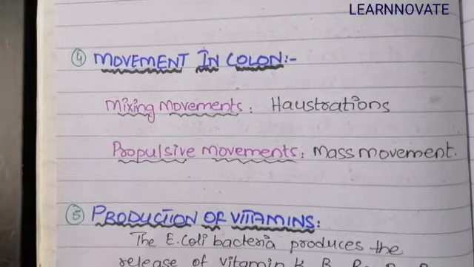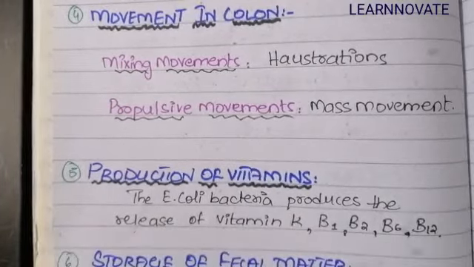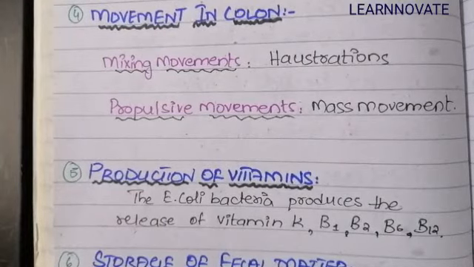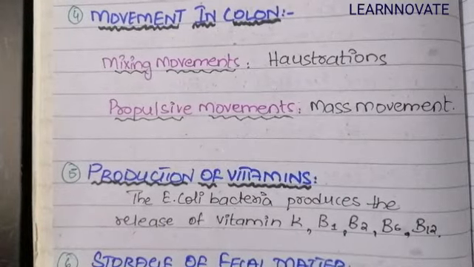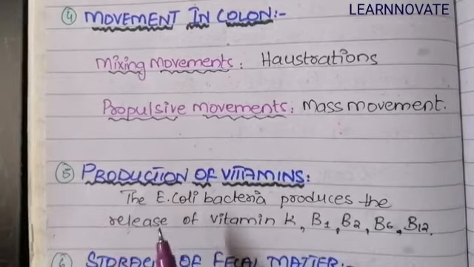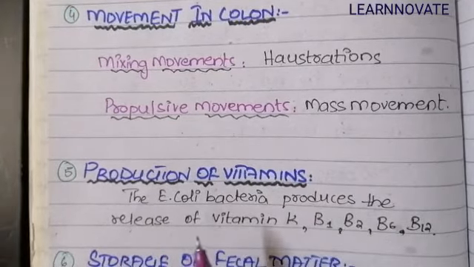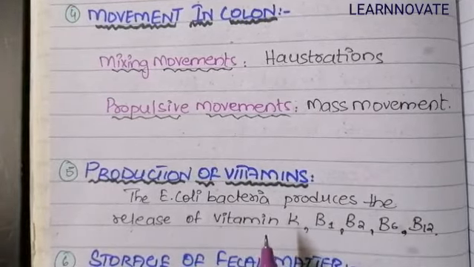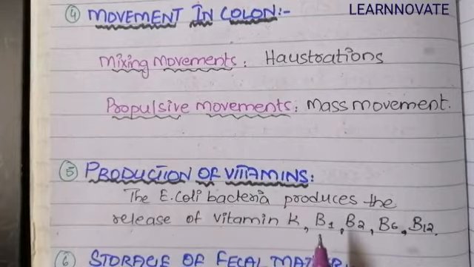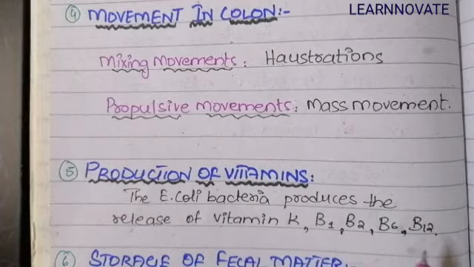There is also the production of vitamins by the bacteria present in the large intestine. The bacteria called E. coli produce and release some important vitamins, including vitamin K, vitamin B1, vitamin B2, vitamin B6 and somewhat vitamin B12.